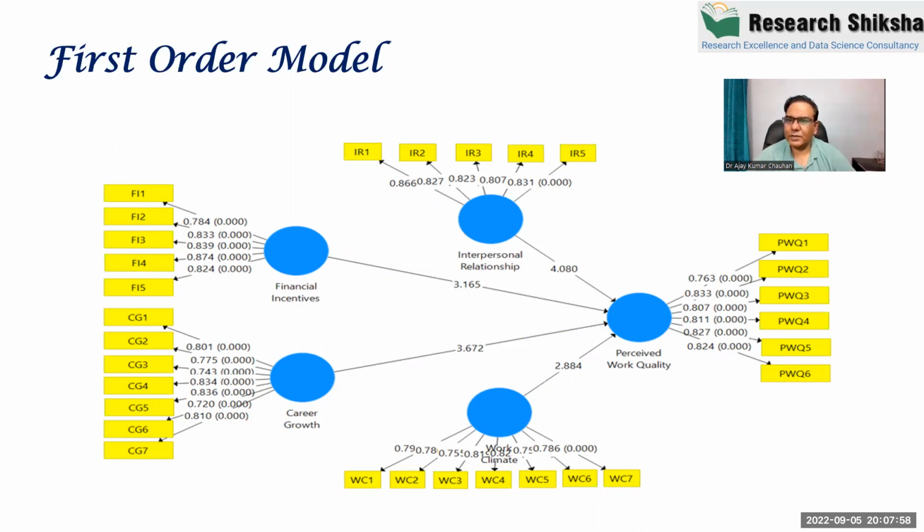Similarly, in SmartPLS, the same model can be used for first order CFA and first order SEM. So the same model can be used in both cases. Why is it first order? Because this model has at least 2 zero order constructs. That's why it is a first order SEM.